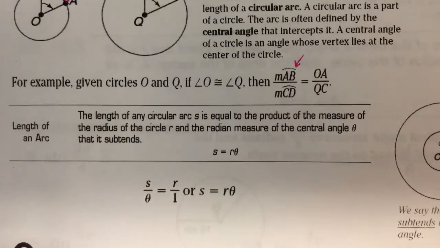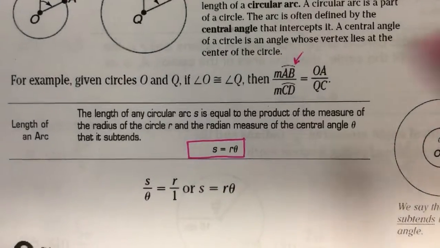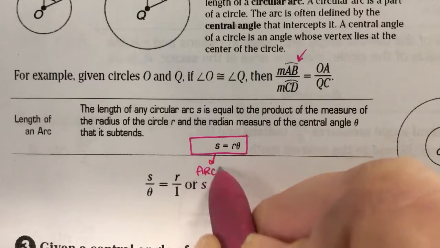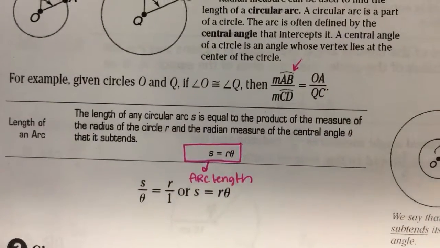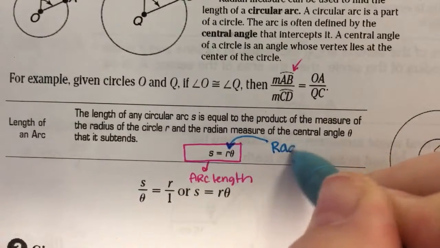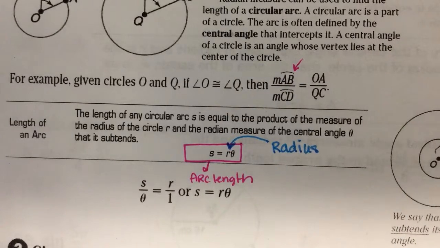Basically, we're going to just use this formula. This formula right here is going to be extremely important. Arc length is what S stands for. R is what we've been using since geometry. That is the radius. The only thing that's going to be a little bit new here is theta.